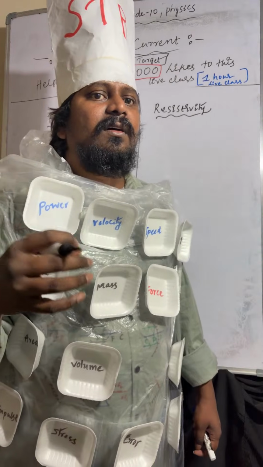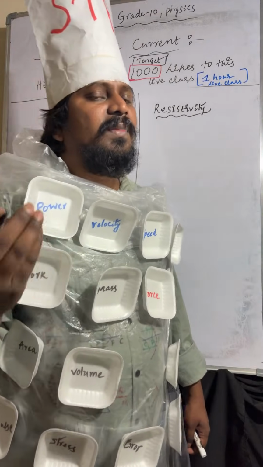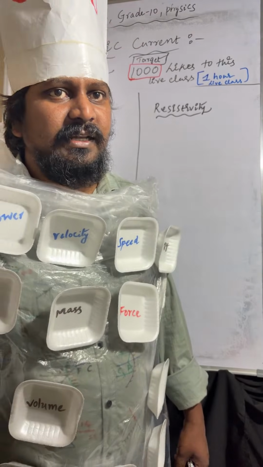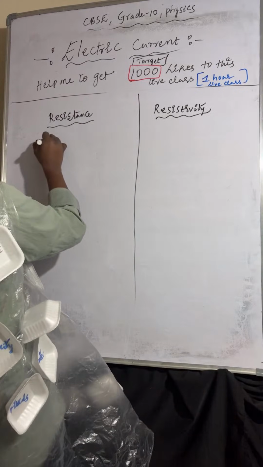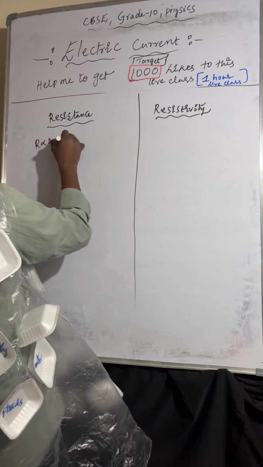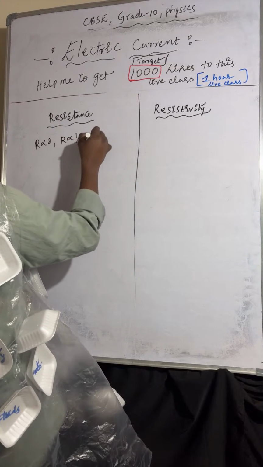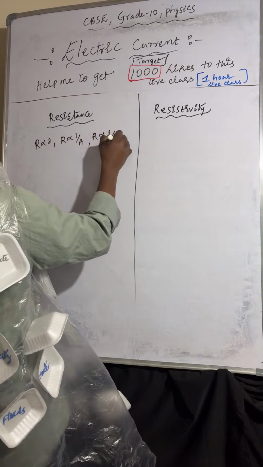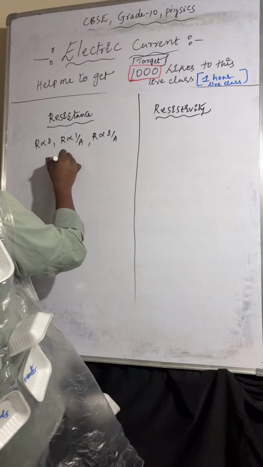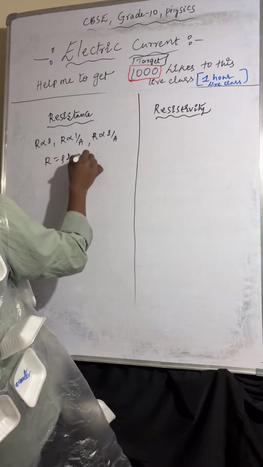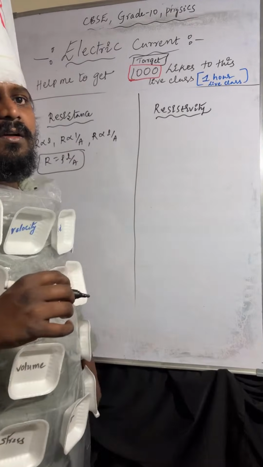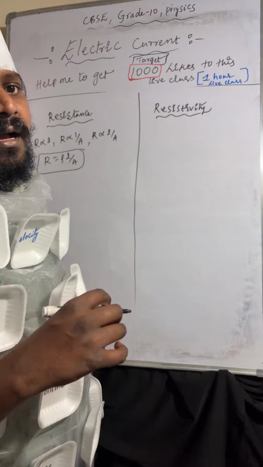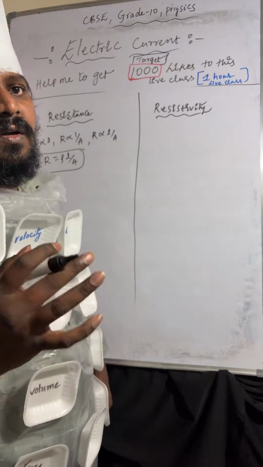Resistivity is the resistance of the conductor per unit length and unit cross-sectional area. R is directly proportional to L, and R is inversely proportional to area. R is directly proportional to L by A, so R equals rho into L by A.